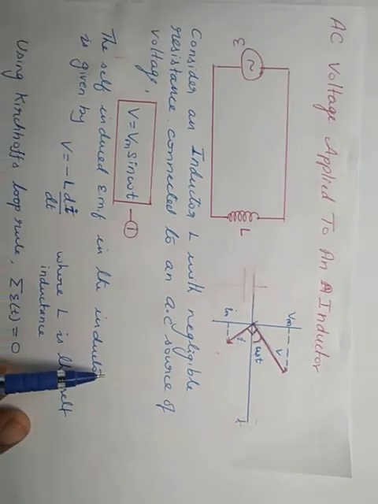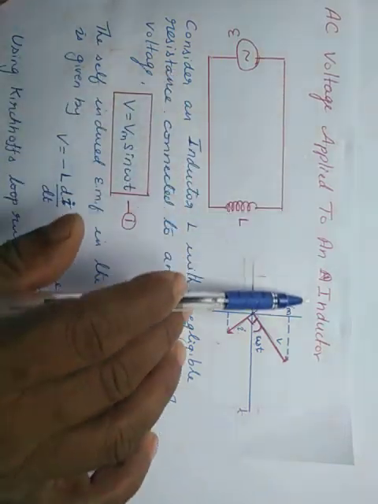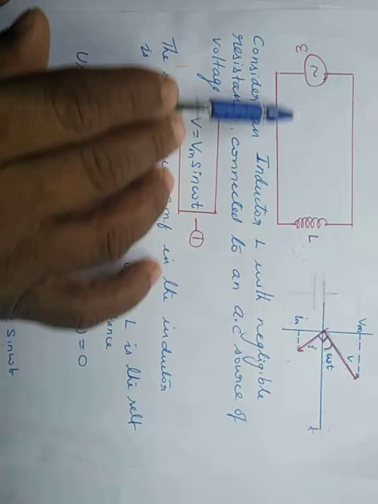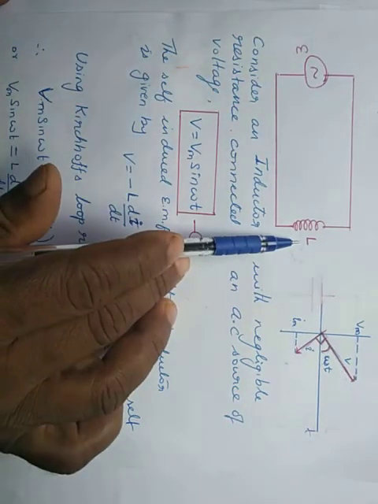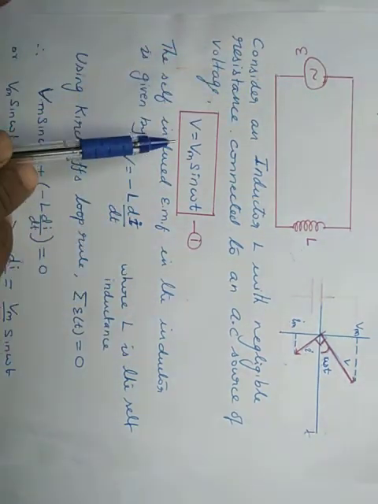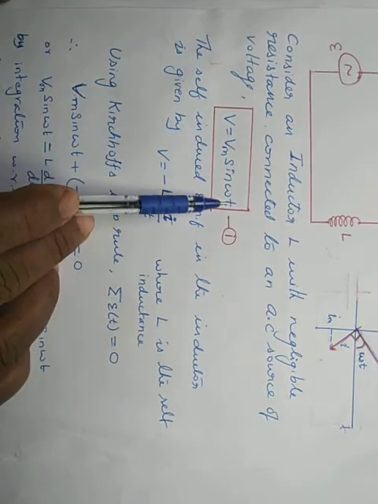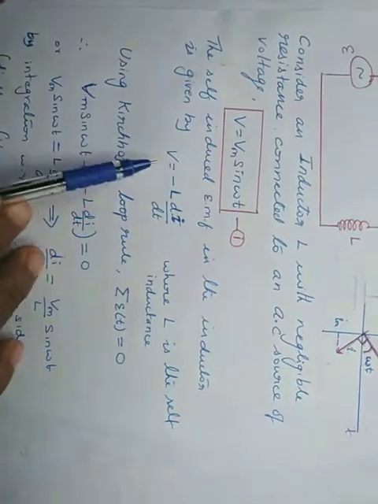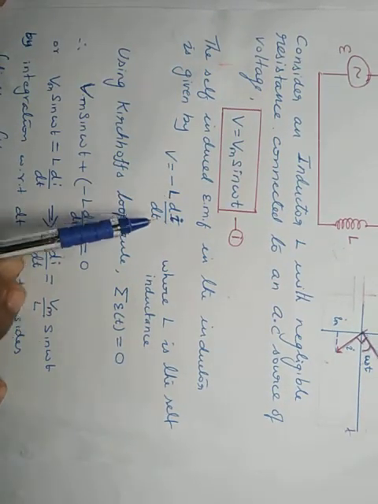Okay guys, this is about the AC voltage applied to an inductor. In this one you have to draw the circuit diagram, very important. AC source, then we have an inductor L, then the voltage across this AC source is V equal to Vm sin omega t, then the EMF induced in this inductor is V equal to minus L di by dt.